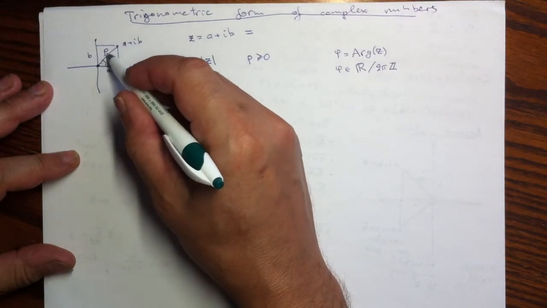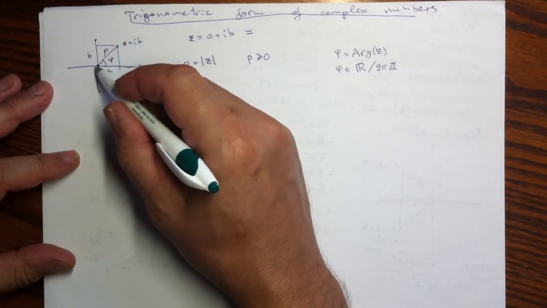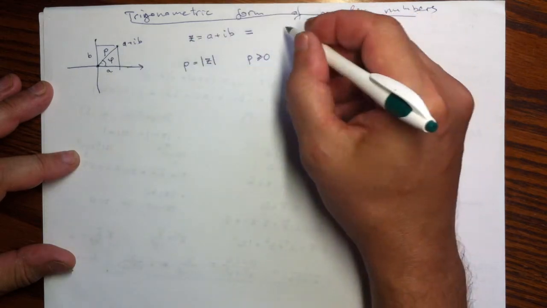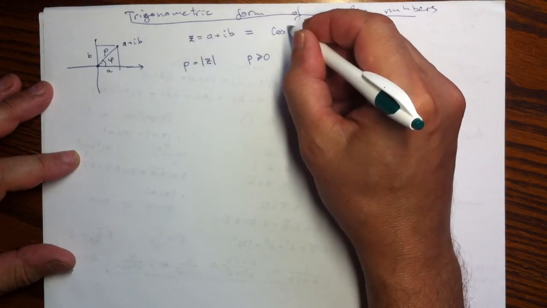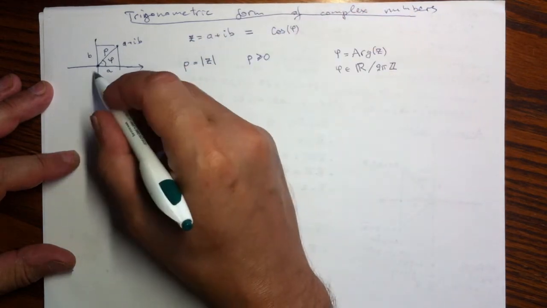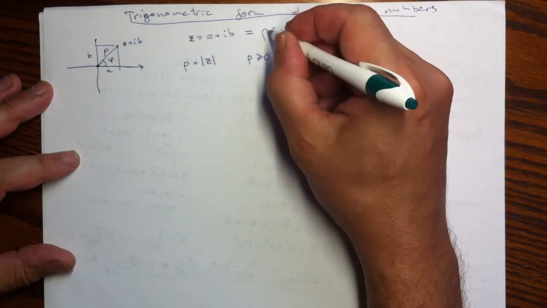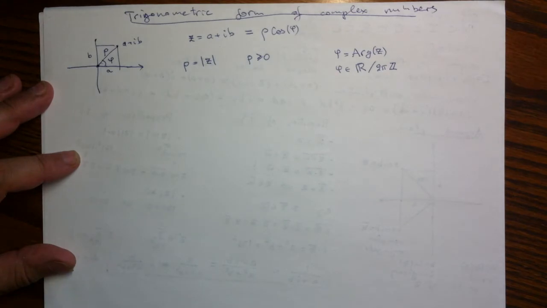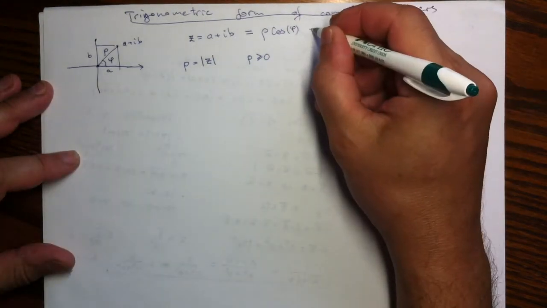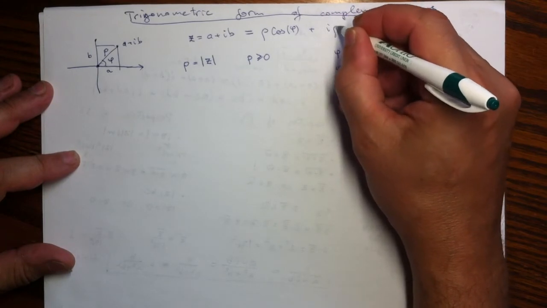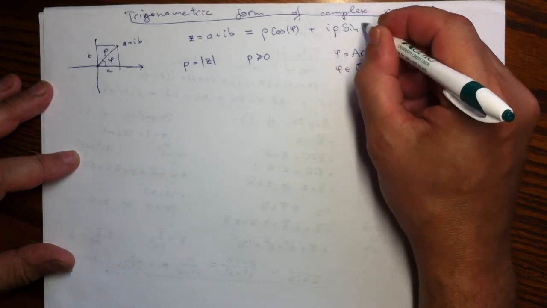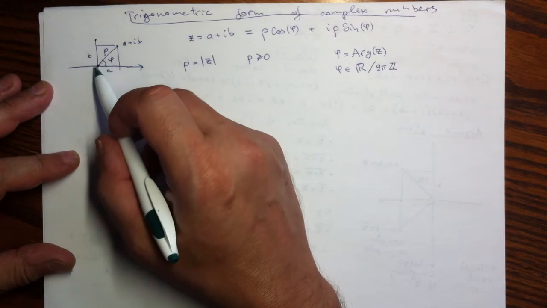Well, if rho would be length 1, then that is what we call cosine of phi. But everything is now scaled up by rho, so we have to scale up the cosine projection as well. And the same for b, it is rho times sine of phi. Again, we're using just the definition.